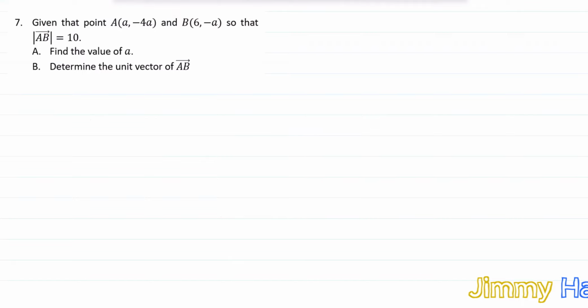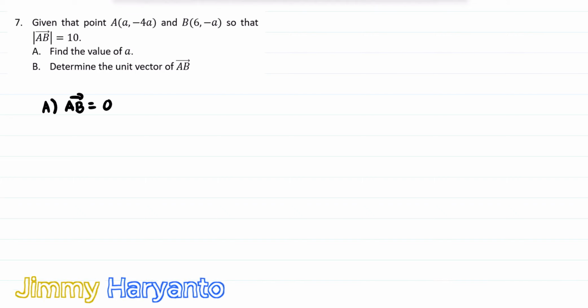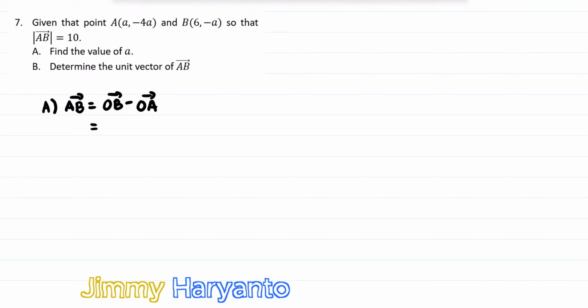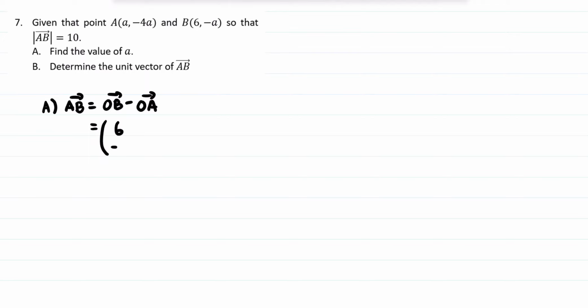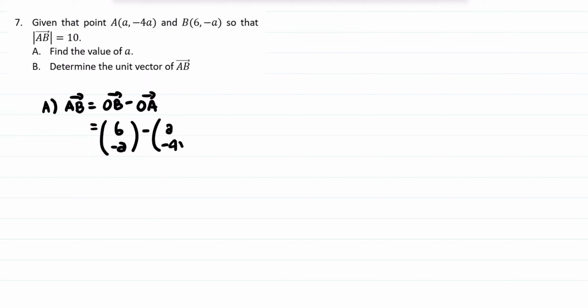Next is 7. For question number 7, the question gives you the magnitude of AB. That means we have to find the vector of AB first. The vector AB is OB minus OA, which equals 6 and negative A, minus A and negative 4A.